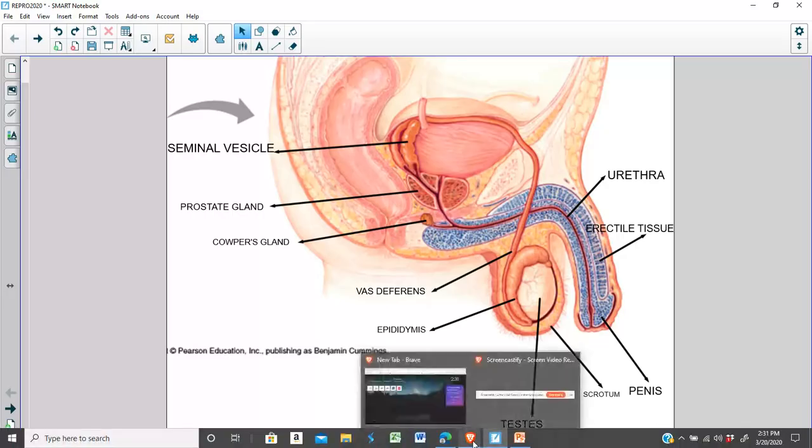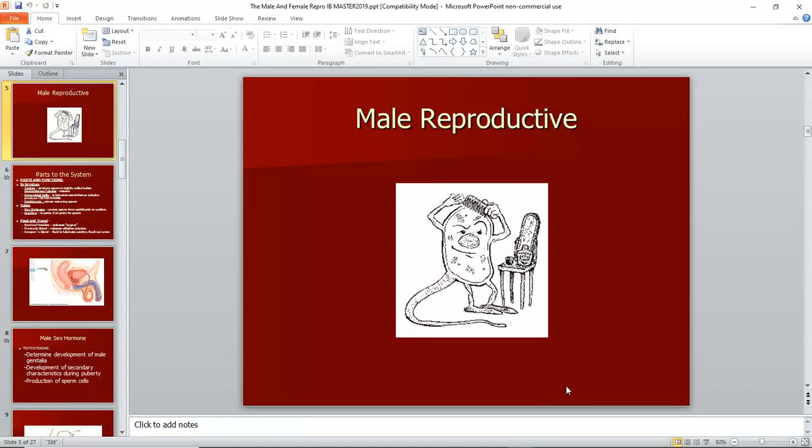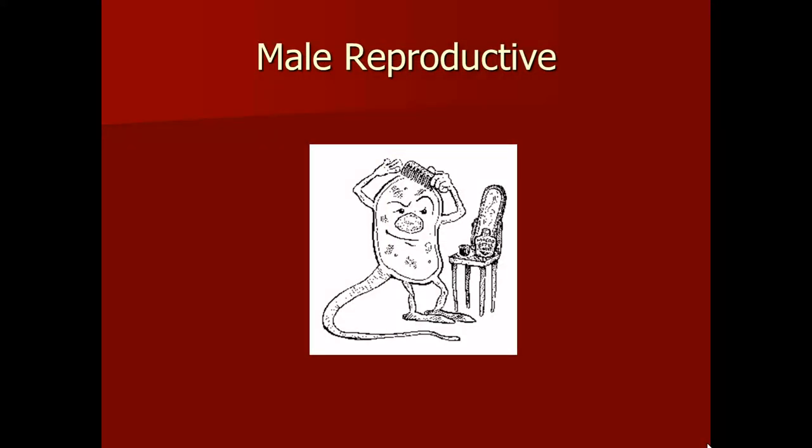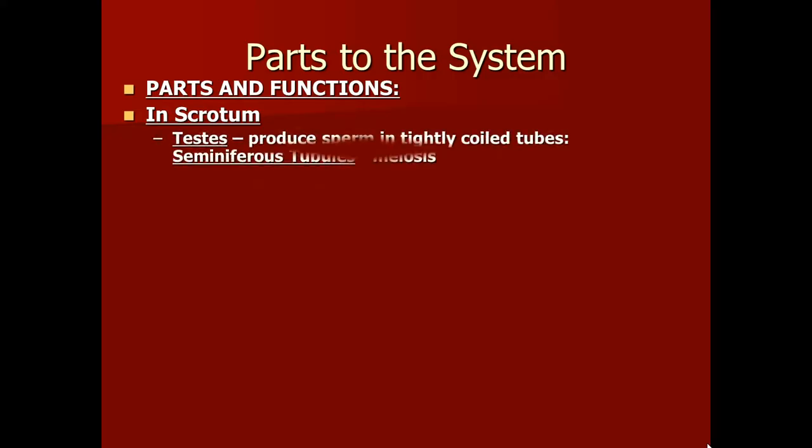Let's go back and take a quick look at the notes that you have for this. And again, this is a 27-slide PowerPoint. Literally 1, 2, 3 slides are on the male reproductive system. So if we go through and we see this part, you have the parts to the system, what I like to call here, at least initially, part of the scrotal sac or in the scrotum, which is there for storage. All right, you've got the testes.